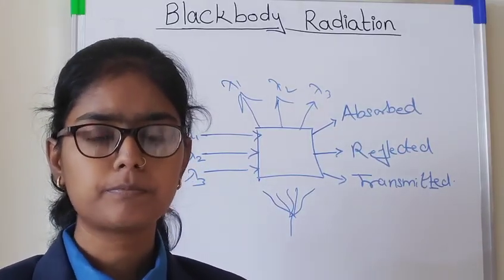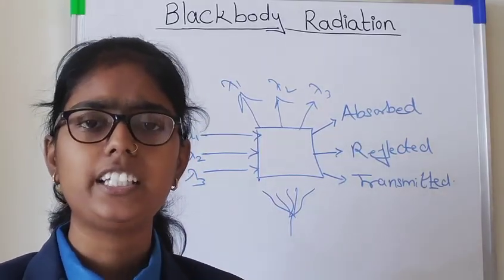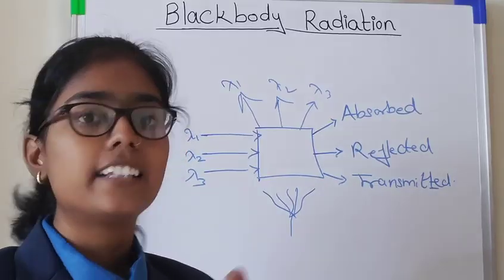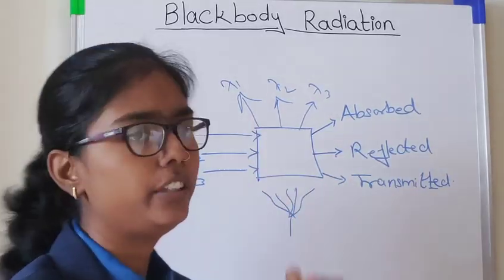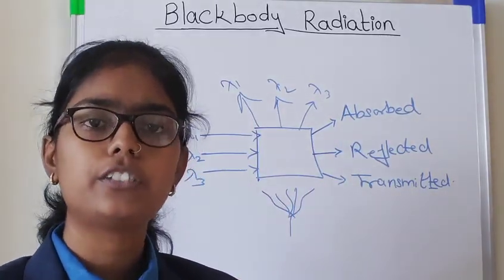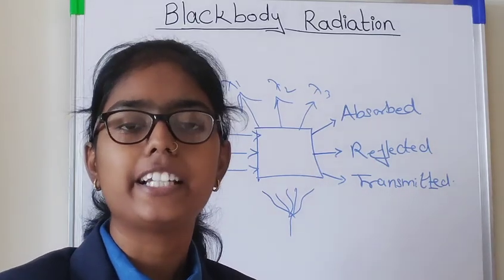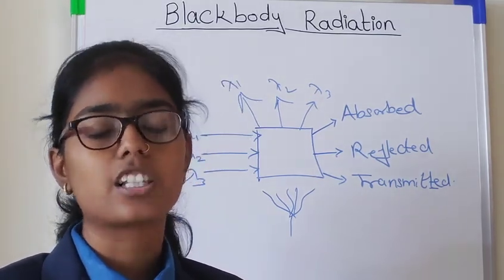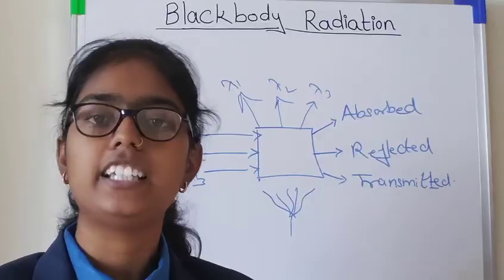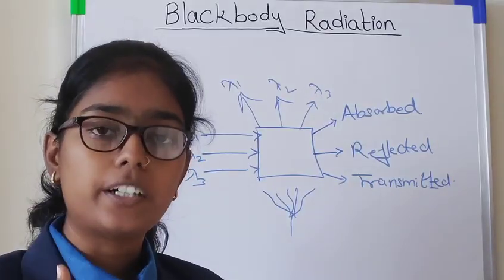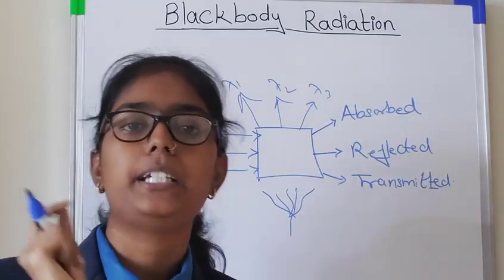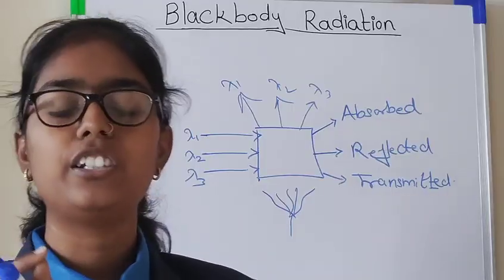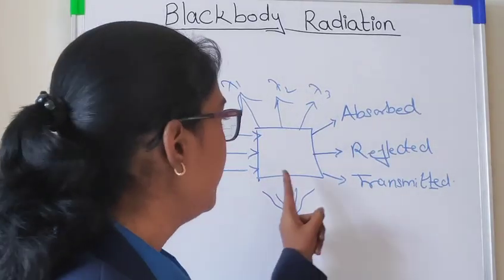When we heat the matter with a heat source, it emits all types of radiations of different wavelengths. But there is one difference: some wavelengths are emitted in small quantity, while some are emitted in large quantity. The wavelengths emitted in the large quantity decide the color of the matter.